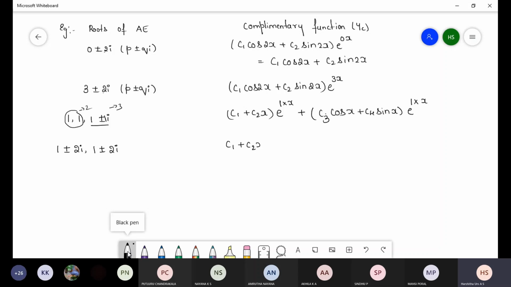C1 plus C2x. Complex means here cos, q value is 2x, plus C3 plus C4x, repeated, then complex sin 2x because q value is 2. Here e power p value is the same, so I will write e power 1 into x.